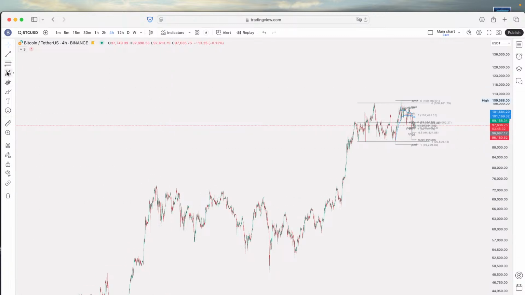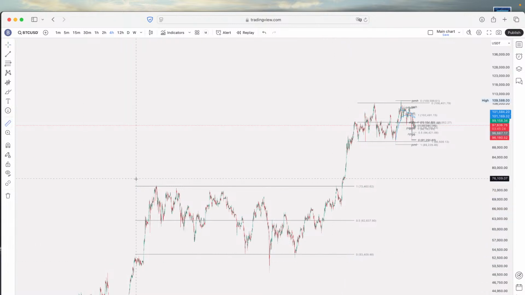We had our range for almost, let's check again together, see how many, 260 days. This is almost 9 months.